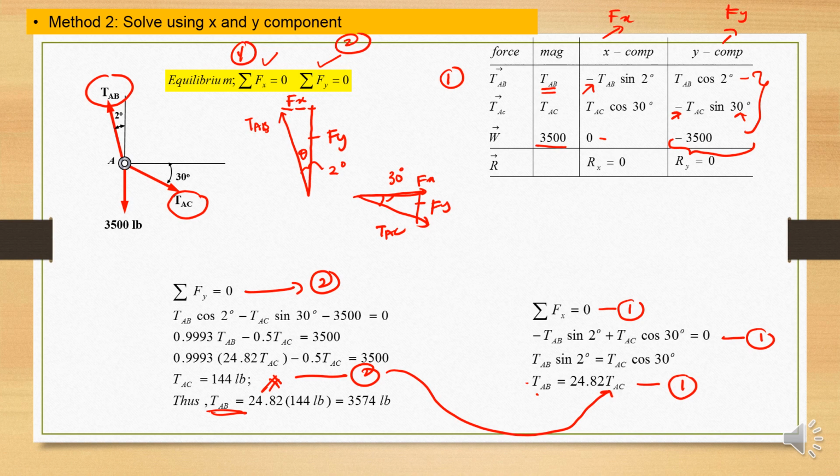Then we solve them one by one and identify the unknown values. Combine them together with these two main equations from the equilibrium condition, and finally you will be able to solve for the unknown value that you want to find. Okay, that's it. Thank you.